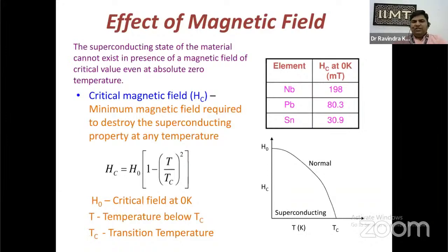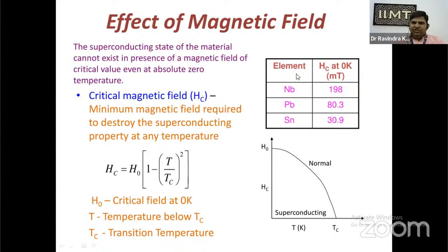Now, what is the effect of magnetic field on a superconductor? The superconducting state of the material cannot exist in the presence of a magnetic field of a critical value, even at absolute zero temperature. Critical magnetic field is the field which is required to destroy the superconducting property at any temperature.